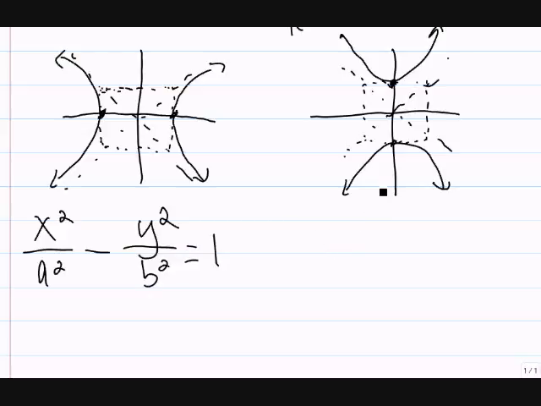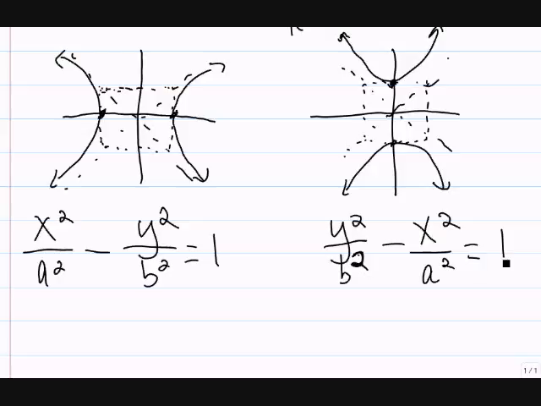The ones that are going up and down are going to be y squared over a squared minus x squared. Whoops, I don't do this. We do this. Your book does this, but we keep the a's and b's with their x and y equals 1.